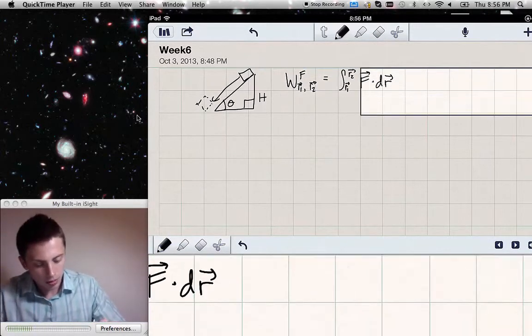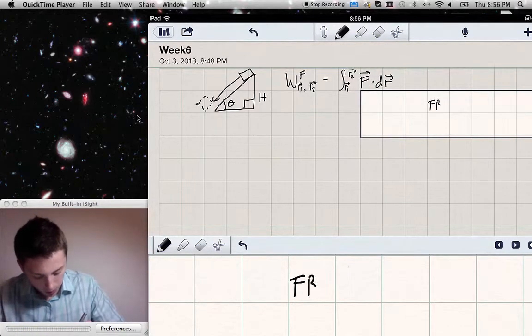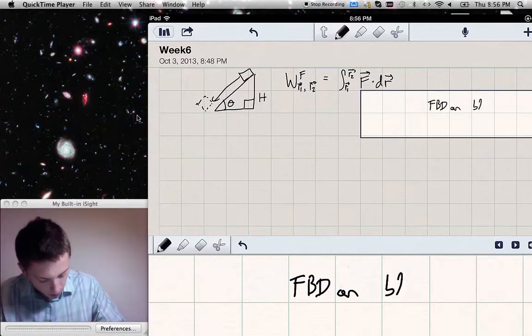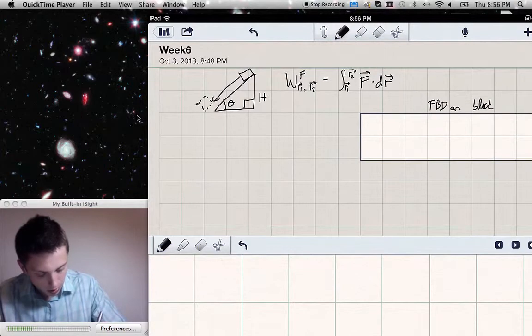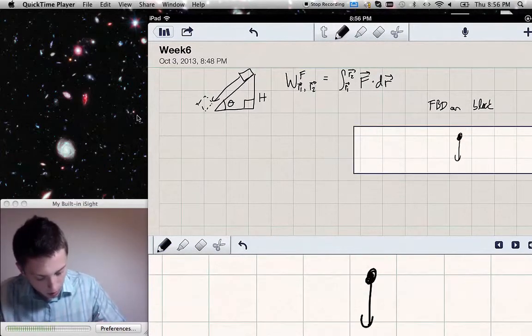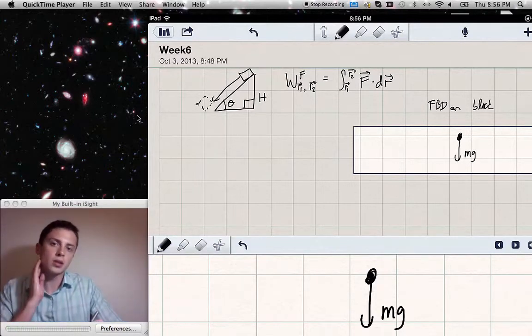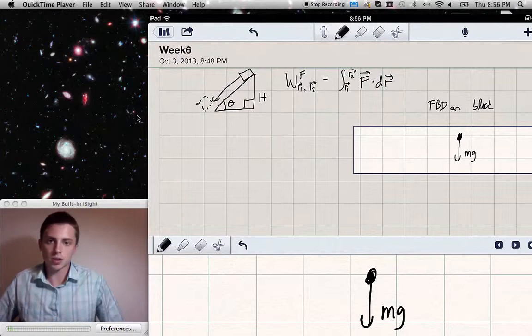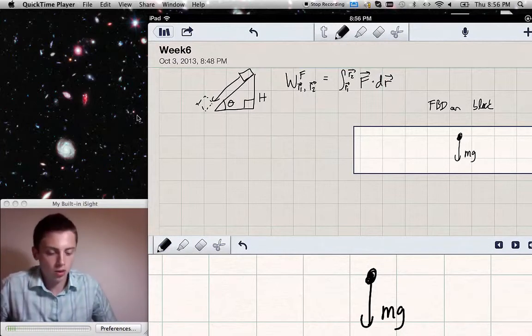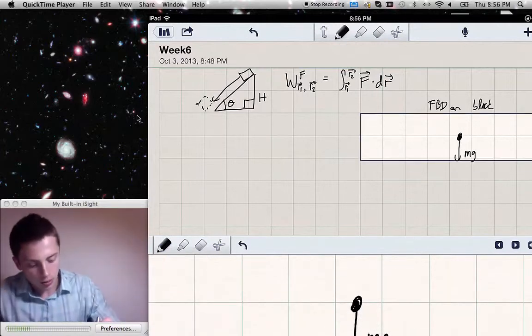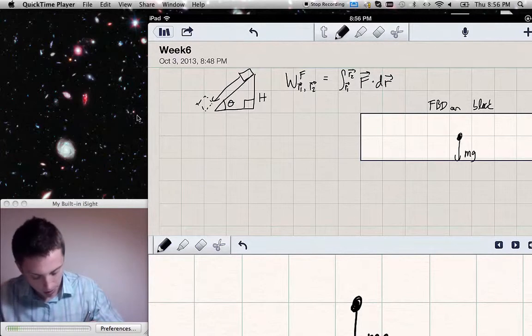So we look at the free body diagram on the block. And we should have three forces. The easiest, of course, being gravity pointing straight down. And then the one force from the surface of the ramp onto the block. That force has two components with famous names.